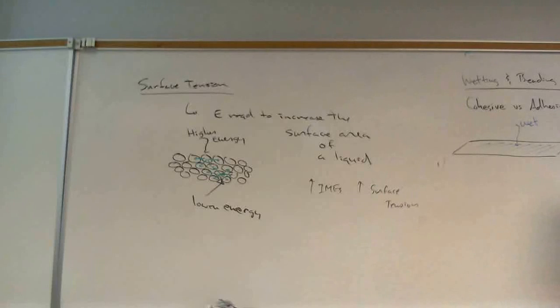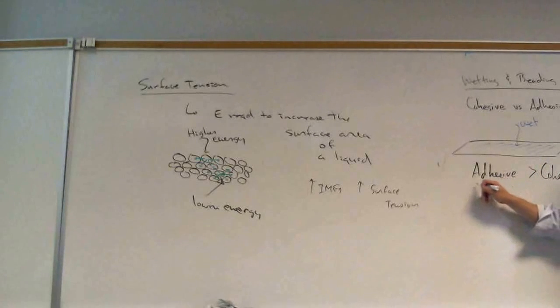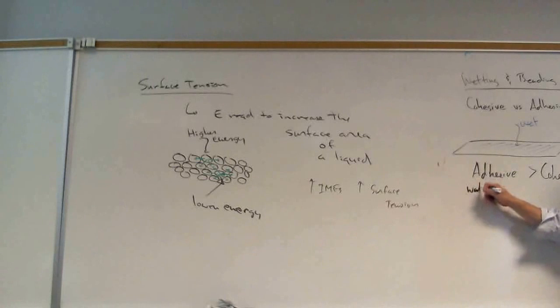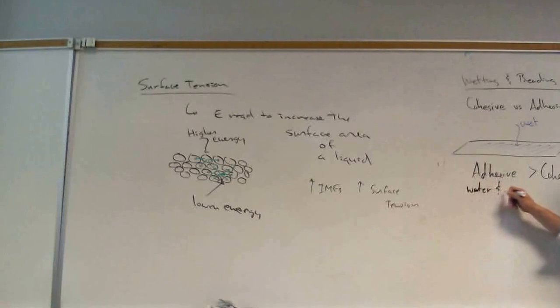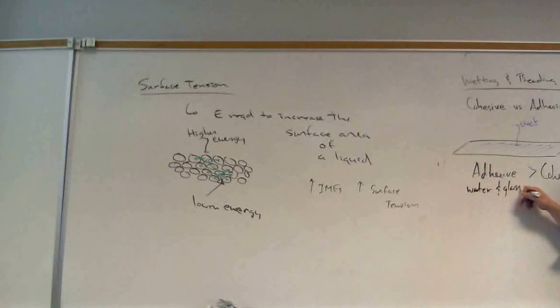When something wets the surface, that means the adhesive forces are stronger than the cohesive forces. Adhesive forces would be, let's say, water and glass. Glass is very polar. The cohesive forces would be water and water. It turns out that the attraction between water and glass is greater than between water and water.